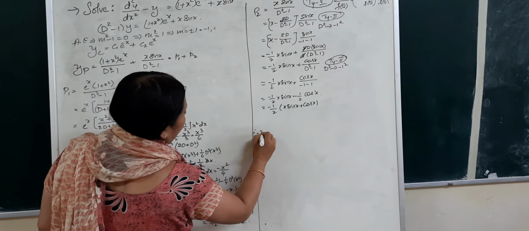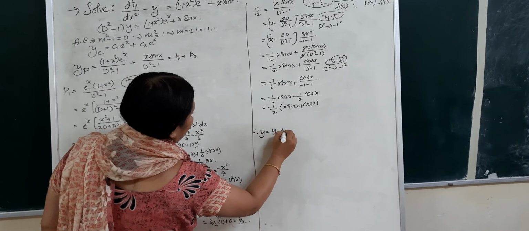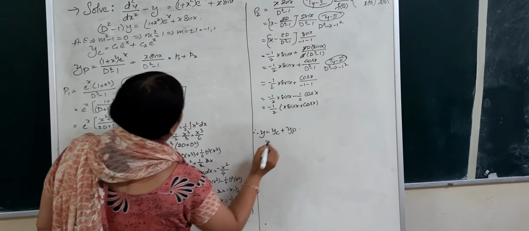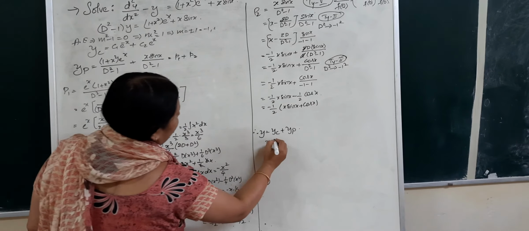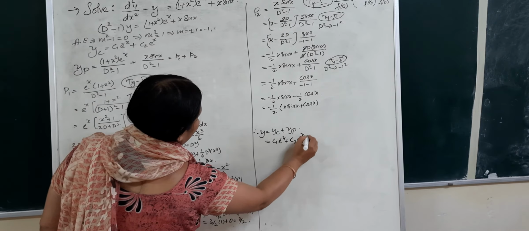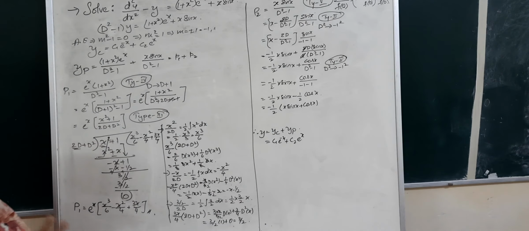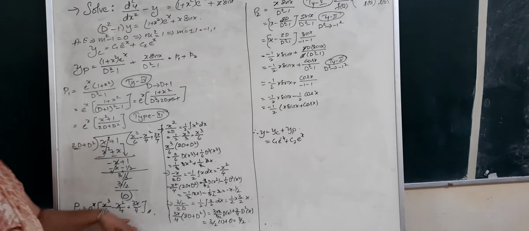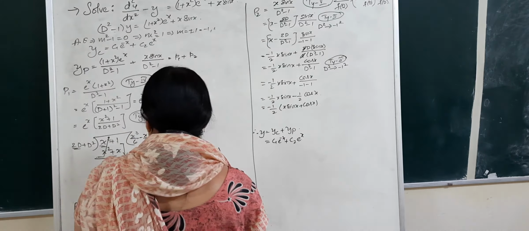Now we can write the final solution. Therefore y is equal to yc plus yp. Our yc is c1 e to the power minus x plus c2 e to the power x. Coming to yp, we have two parts. This is the first part and this is the second part. We have to write both the parts.